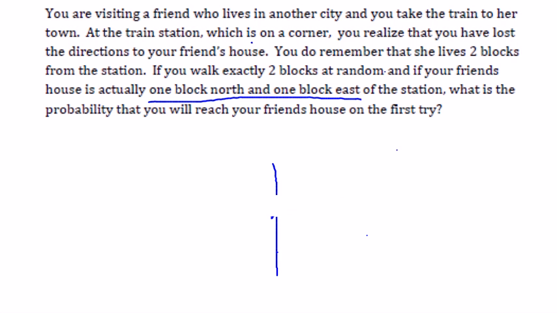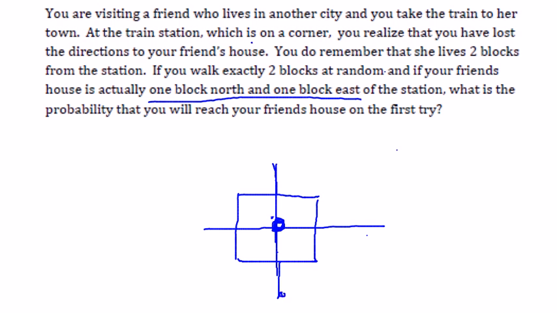And when you look at the square grid, the center point is where the train station is, and then we actually are going to need our picture to look like this, and I'll show you why in just a second, where these points are the end blocks that you go. Okay, so it says she actually lives 1 block north and 1 block east. So the friend lives at this point right here.